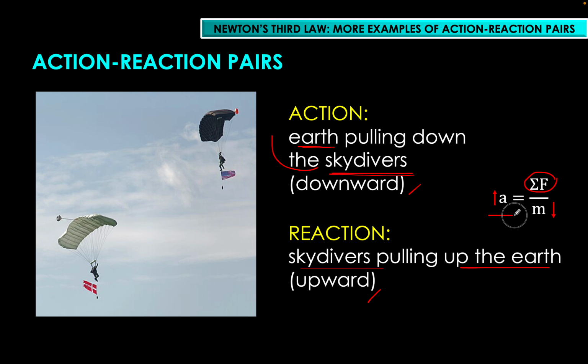Therefore, they will accelerate appreciably, and you can see that because they're plummeting down towards the Earth's surface, right? But because the Earth is super duper massive, you expect the acceleration to be very low. Yes, the Earth is accelerating towards the skydiver, so upward. However, that acceleration is so infinitesimally small that we don't notice it. It's not perceptible to us.